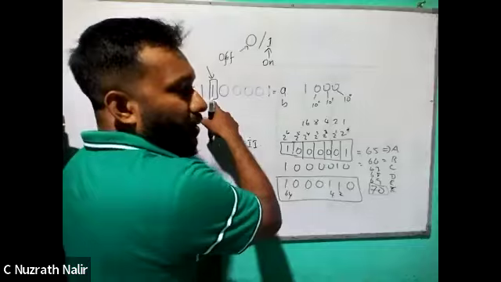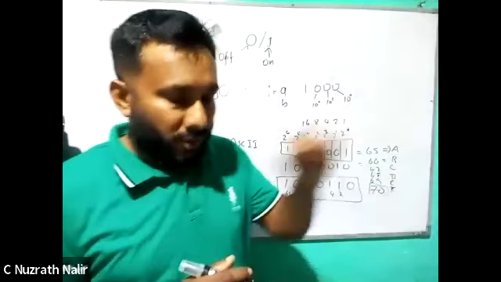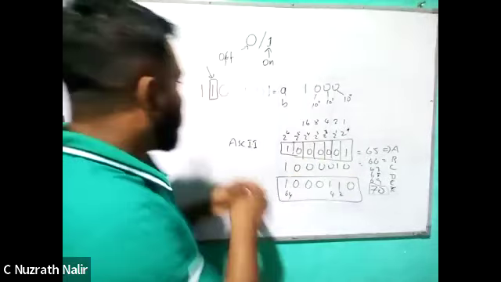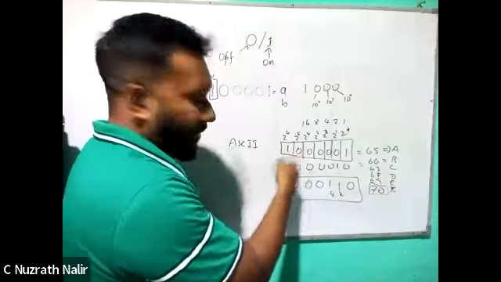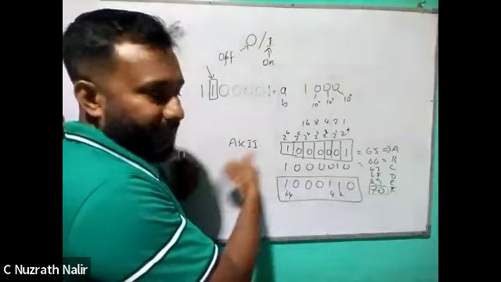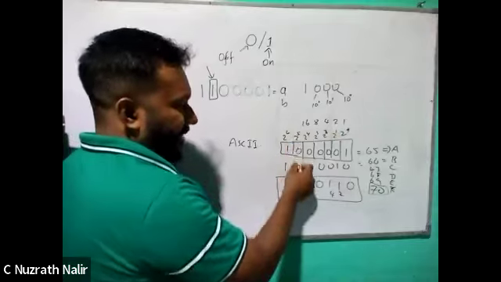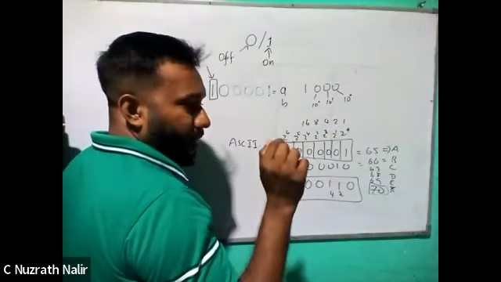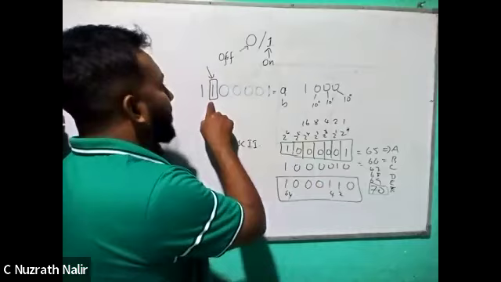This is caps lock on, caps lock off. When you turn caps lock on on your keyboard, automatically the second bit from the left, the sixth place, will be turned to 0. Then again, when you click caps lock off, then automatically it will be 1.